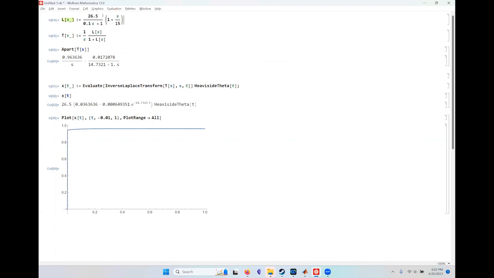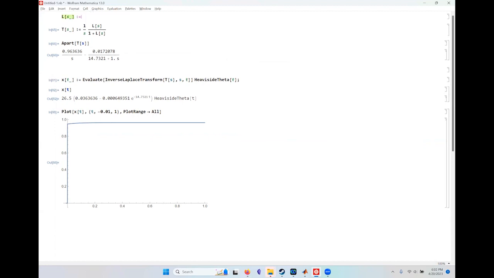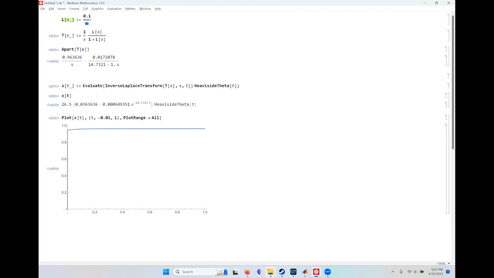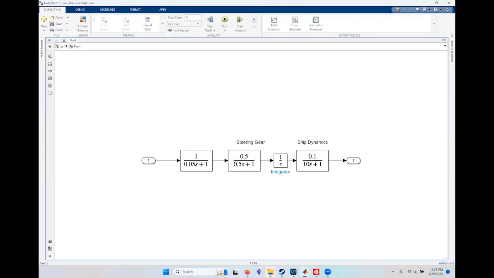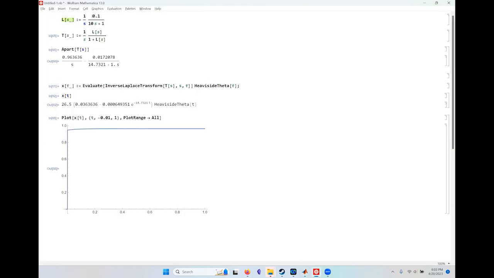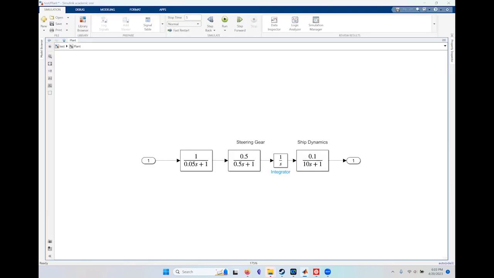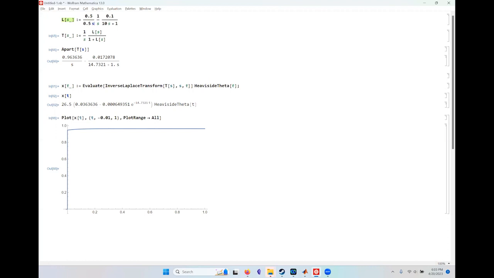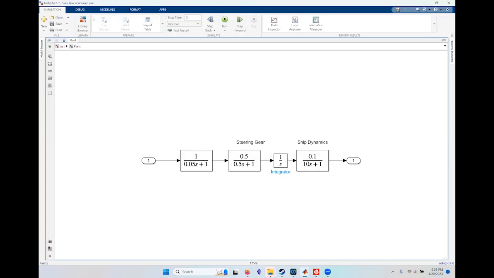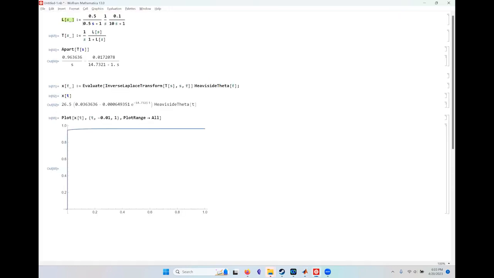Let me erase this. The plant is going to be 0.1 over 10s plus 1, and it also has an integrator, 1 over s. Then the steering gear is going to be 0.5 over 0.5s plus 1, and the amplifier is going to be 1 over 0.05s plus 1.